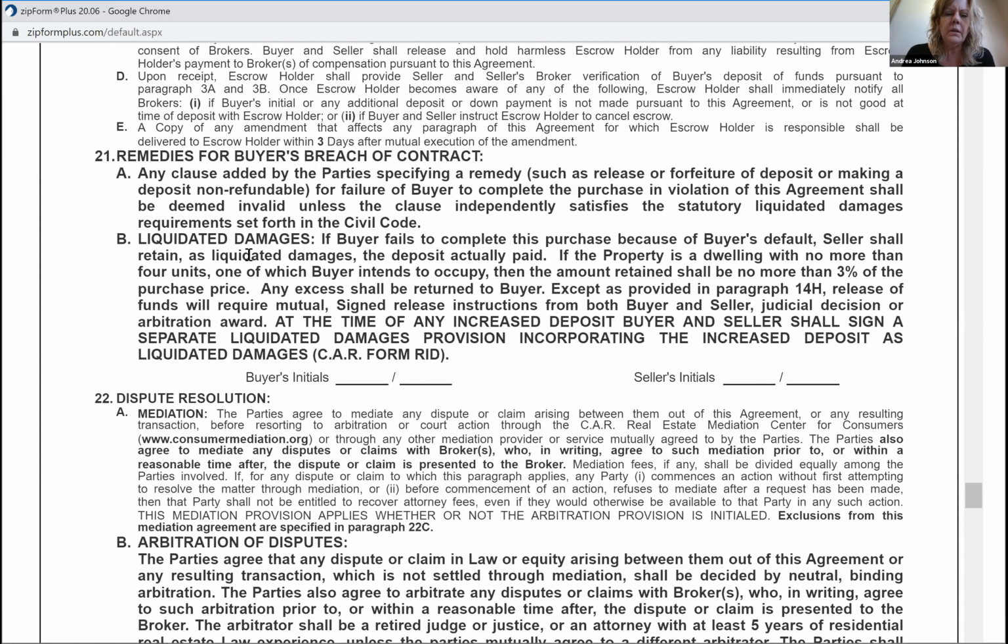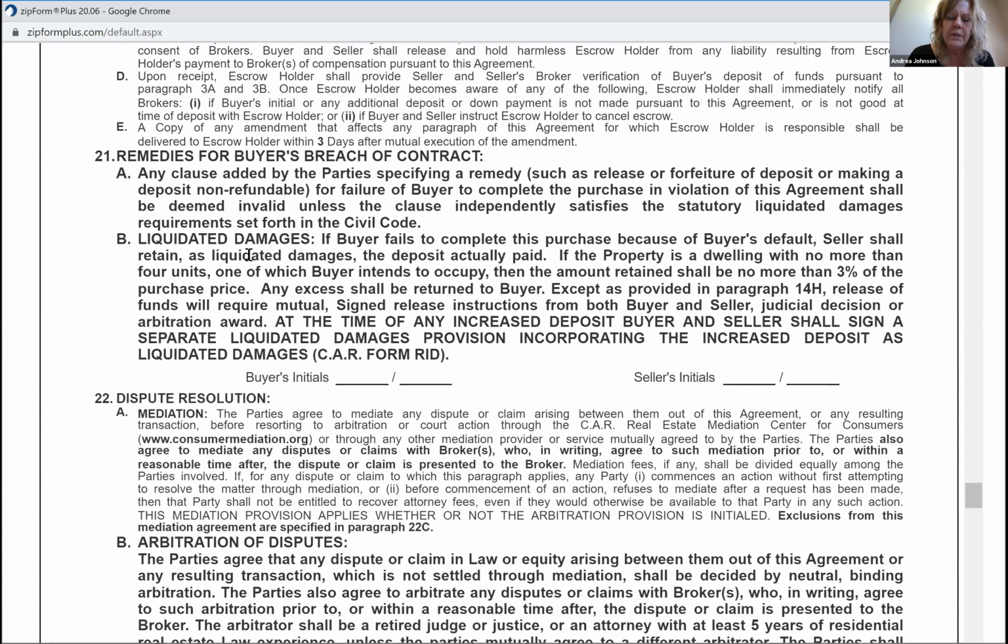Paragraph 21 says that any clause added to the parties specifying a remedy such as a release or forfeiture of deposit or making a deposit non-refundable for failure of buyer to complete the purchase in violation of this agreement shall be deemed invalid unless the clause independently satisfies the statutory liquidated damages requirement set forth in the Civil Code.